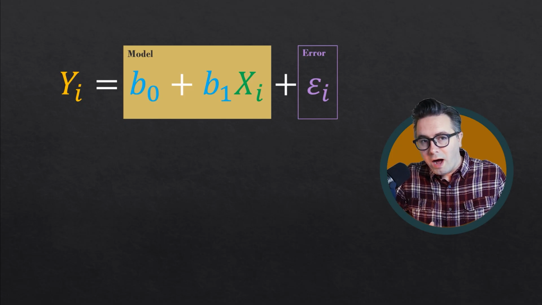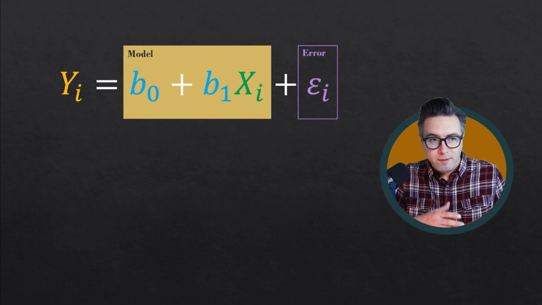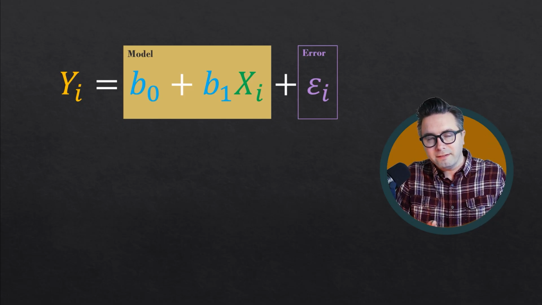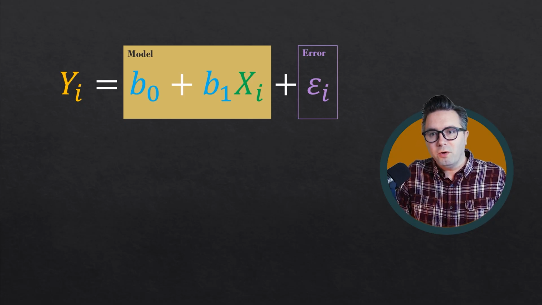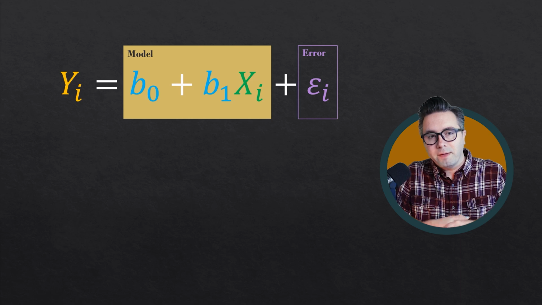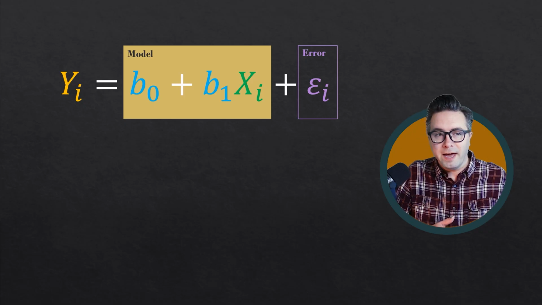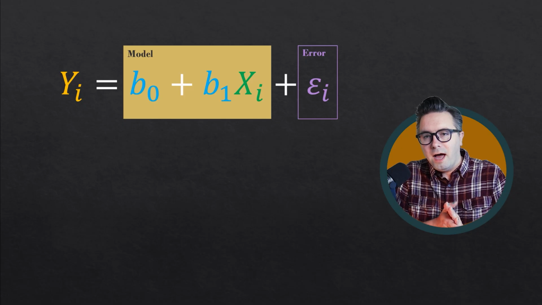X sub i is the x value at that index. It's that specific x that we're talking about. The idea is it's acknowledging that there are multiple x's. X is overall the predictors, but we're speaking about that specific predictor at i with that outcome at i for y. That's what the i's are.